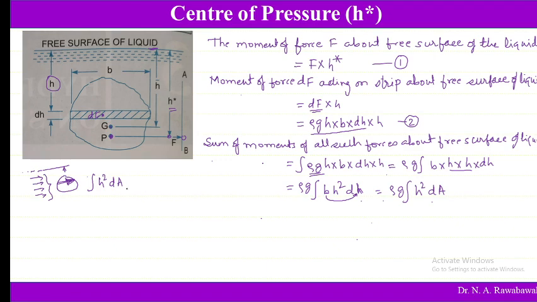The integral of h square dA is nothing but the moment of inertia of the surface about the free surface of liquid. This is the surface and its second moment about the free surface. Second moment is nothing but moment of inertia.